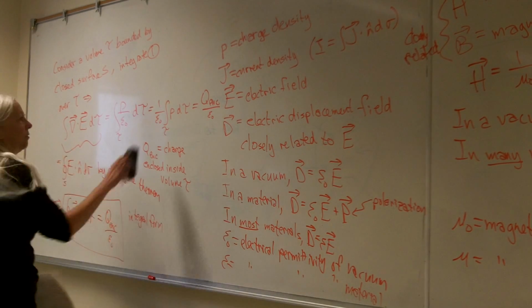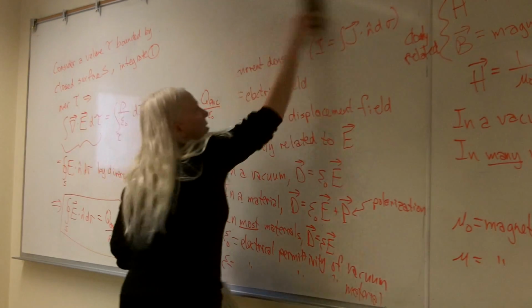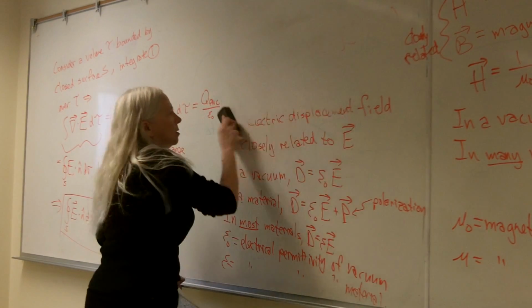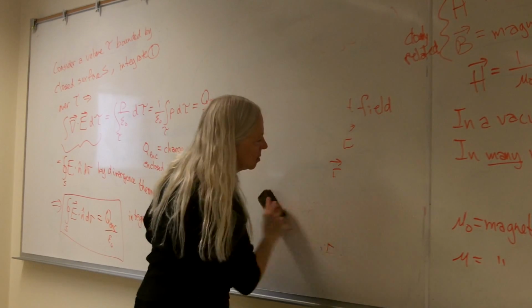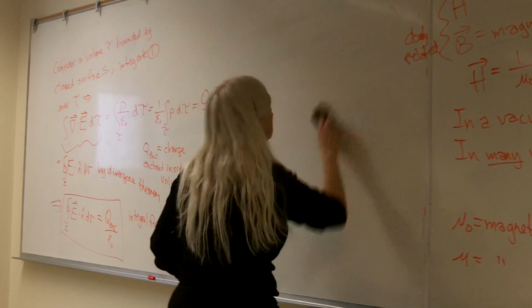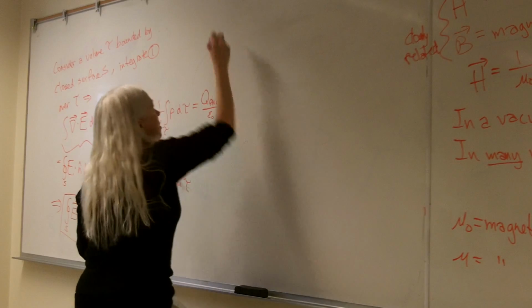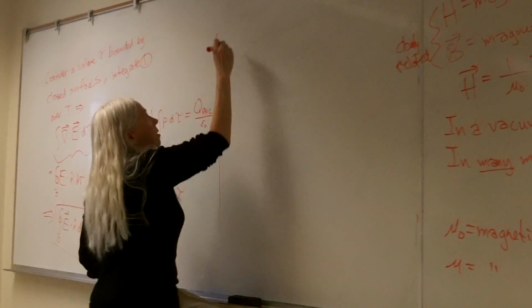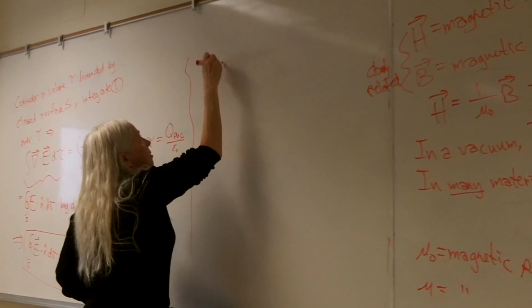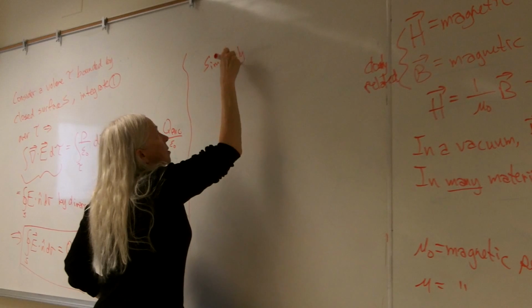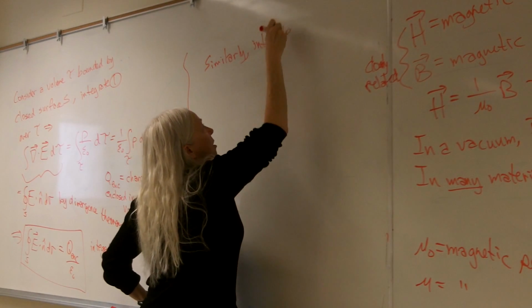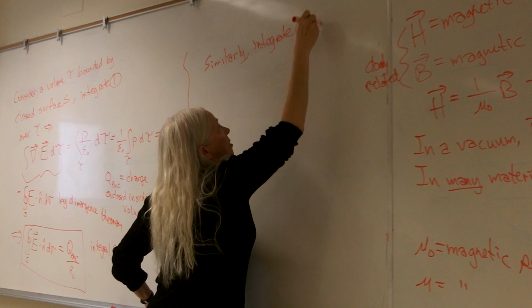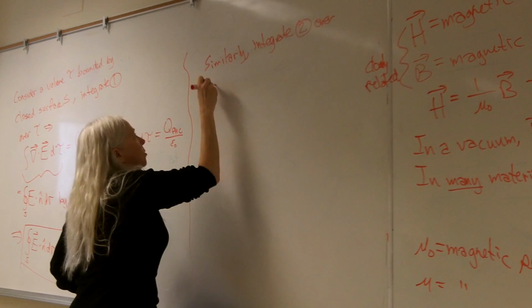Do a similar thing for the second one of Maxwell's equations. So again, we're going to integrate equation number 2 over some volume tau.